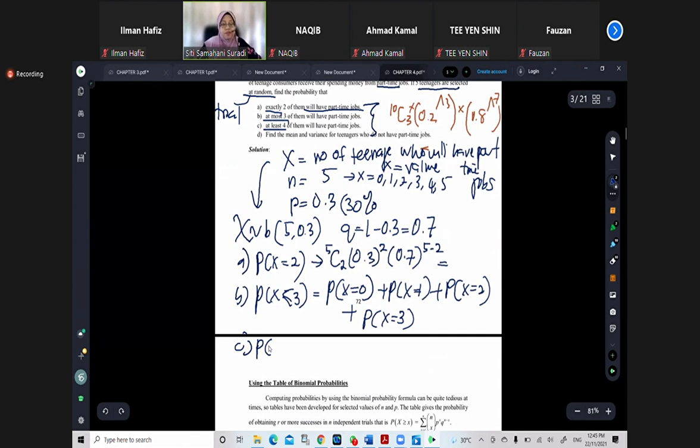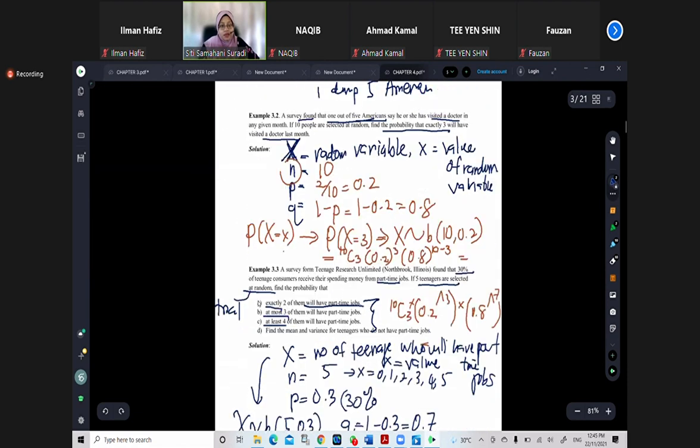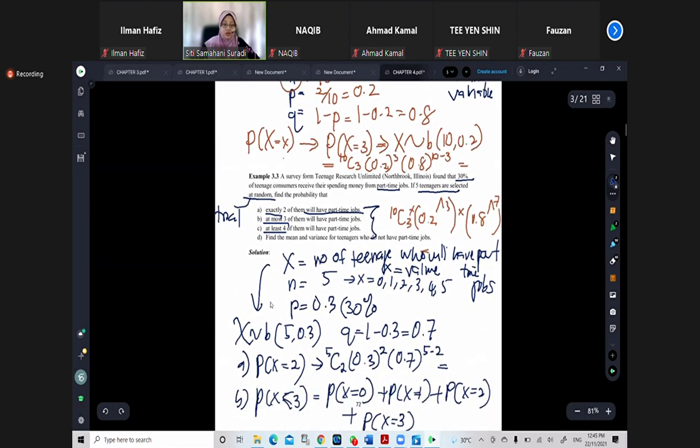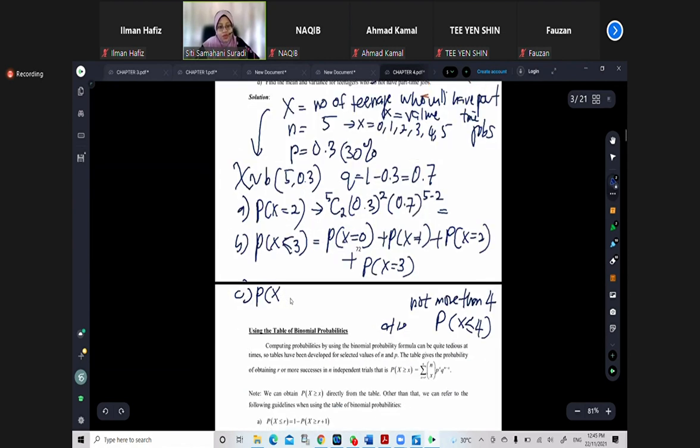If they say it must be more than 4, that means not including 4, meaning P, X less or equal to 4. If the at least here meaning including, consider X more than 4. So that means X more or equal to 4.